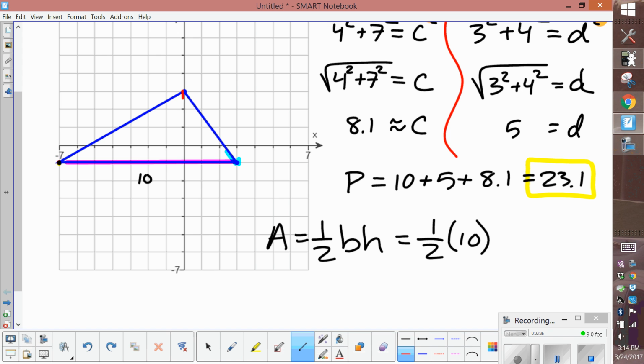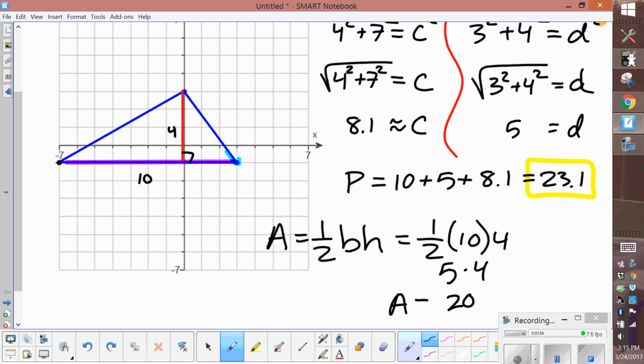It's going to go straight down from the top point here and cross at 90-degree angles. And then I know that this is 4. So half of 10 is 5, times 4 is 20. So my area equals 20.